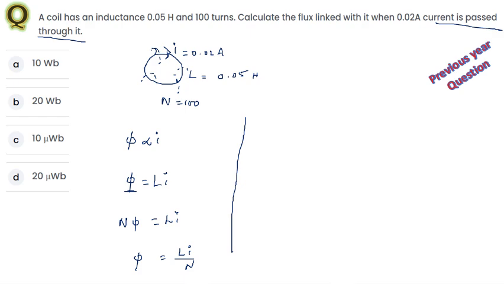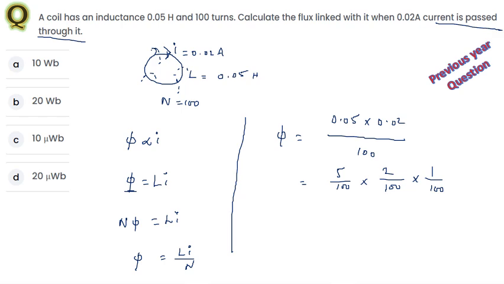So flux is equal to L value 0.05 into current 0.02, whole divided by the number of turns, which is 100. For better understanding, 5 divided by 100 is 0.05, 2 divided by 100 is 0.02, and this one is 1 by 100.